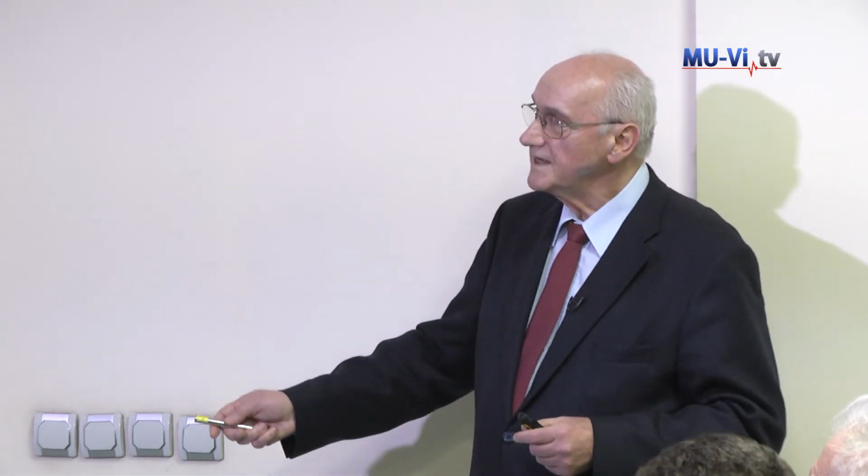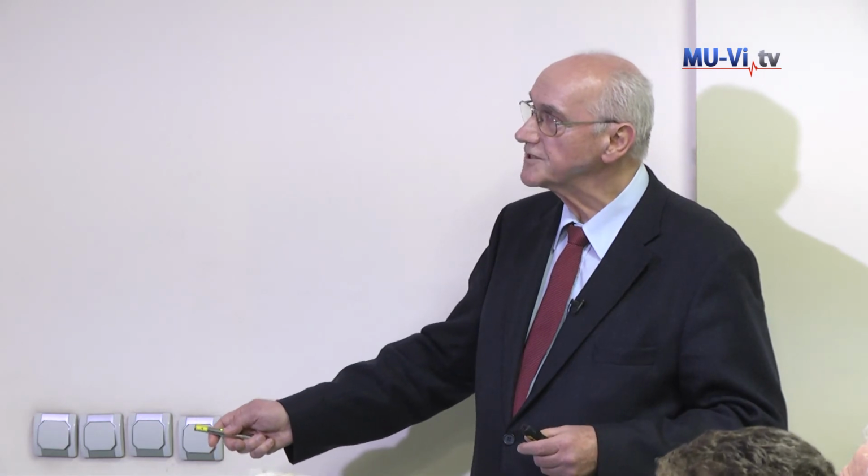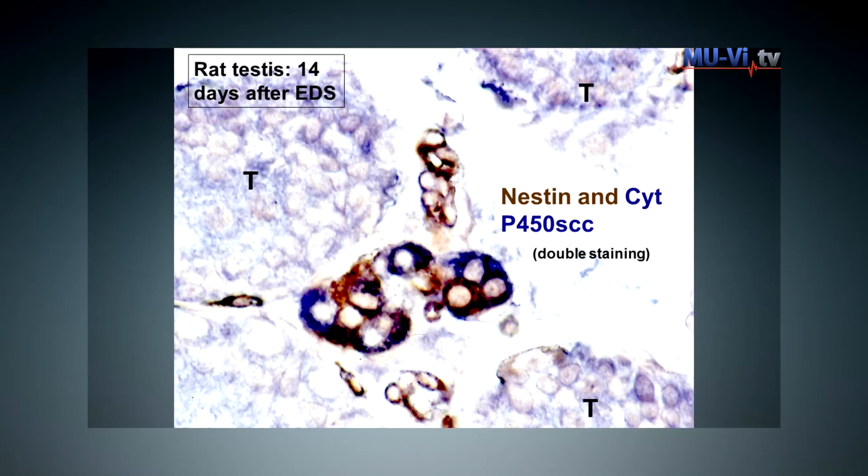And you can see that we have found cells that primarily produce nestin. Also, these are stem cells. And we have cells that equally produce nestin and cytochrome C. And we have a third kind, cells which primarily or predominantly produce cytochrome C. This means that from the stem cells, which are the pericytes, young Leydig cells are built, and they have no similarity to one another.